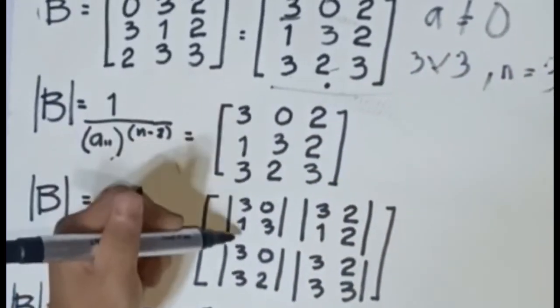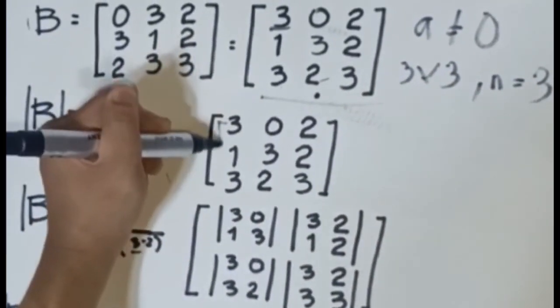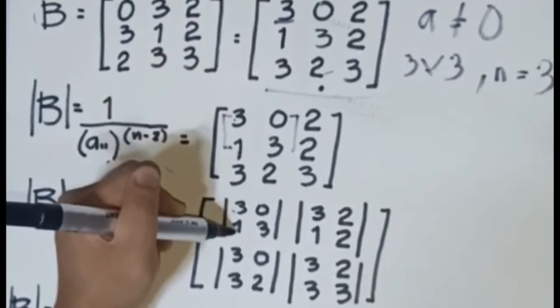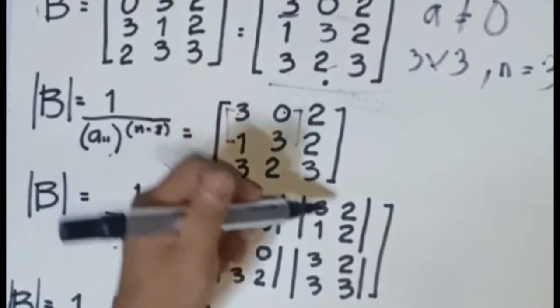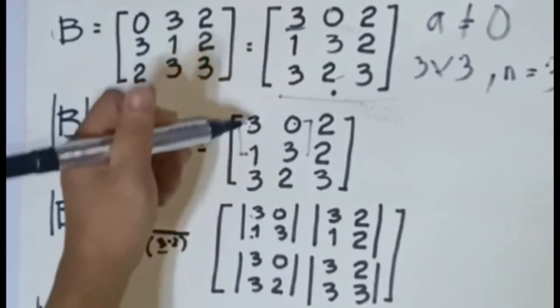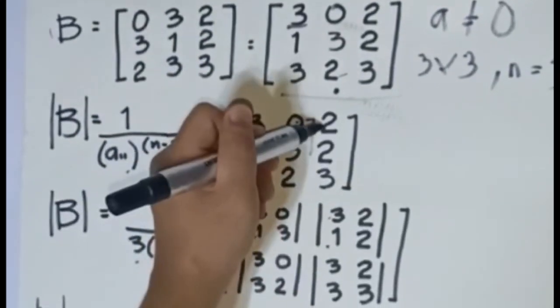So for the first group of elements, we will use the first column and the second column, which is 3, 1, 0, 3. For the second group, we will use the first column and the third column, which is 3, 1, 2, 2.